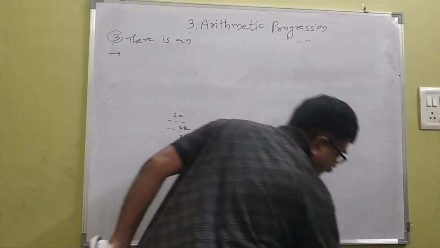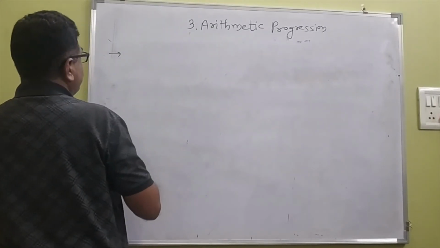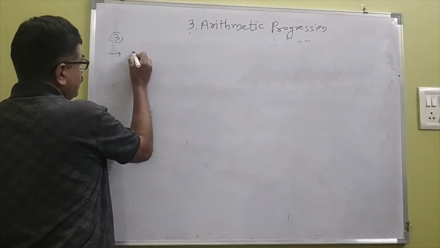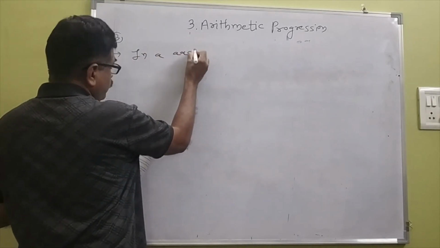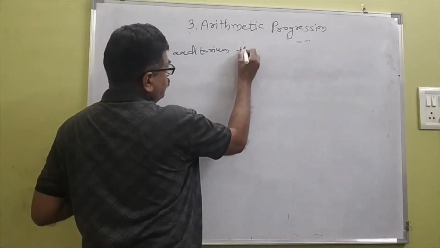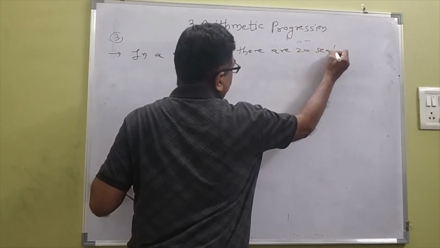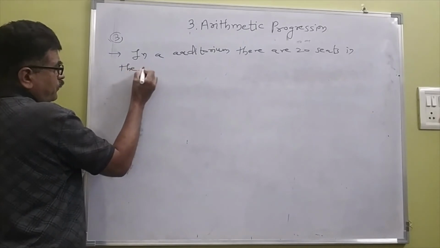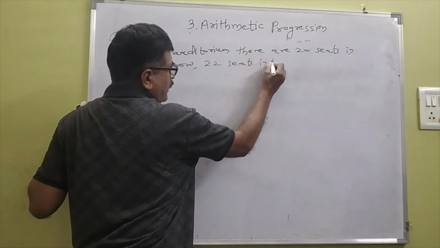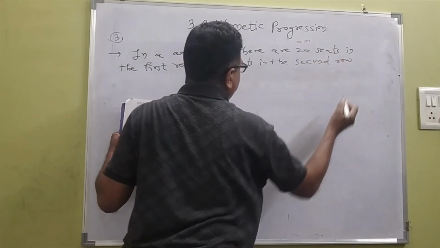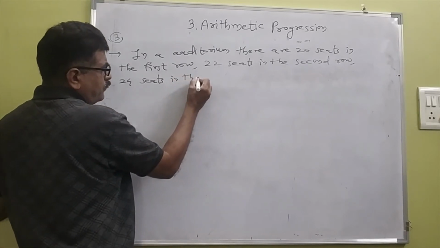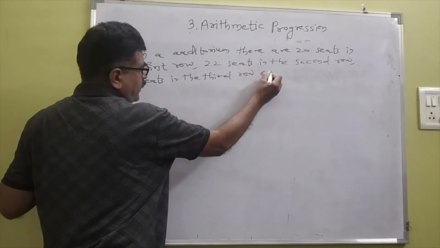Now we solve this example number 3. First write down the given. In an auditorium, there are 20 seats in the first row, 22 seats in the second row, 24 seats in the third row, and so on.